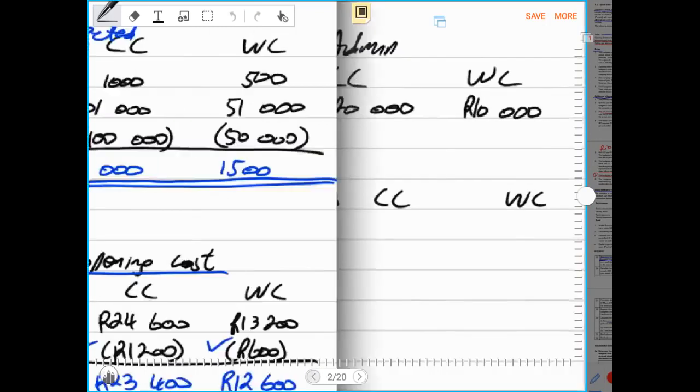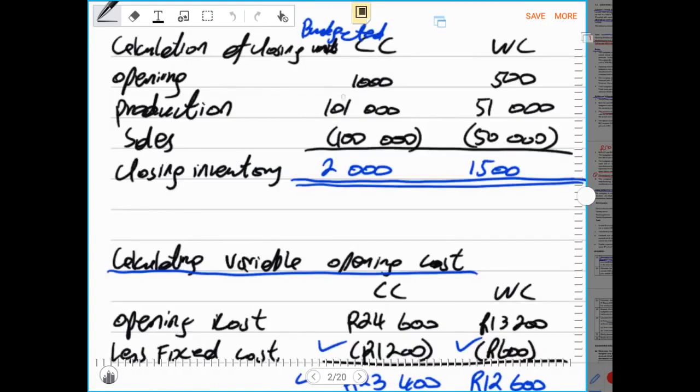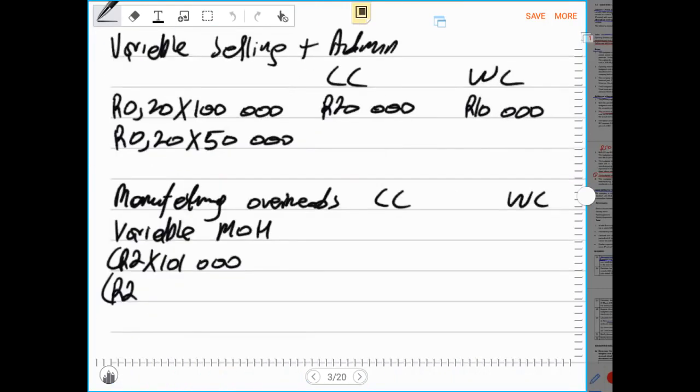Remember, the budgeted units to be manufactured is the budgeted production of 101,000 and 51,000. That is what this company budgeted to produce for the two respective products.